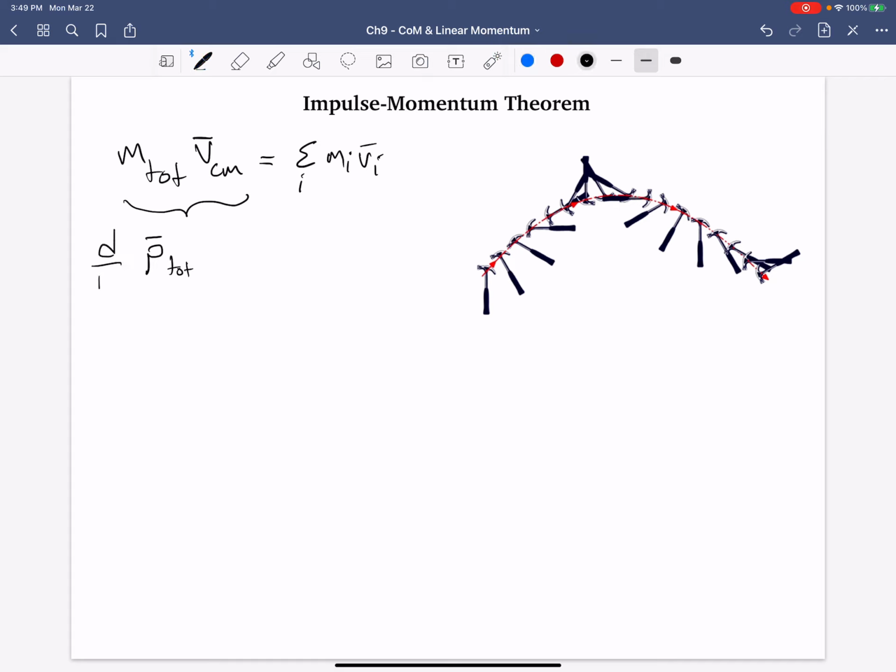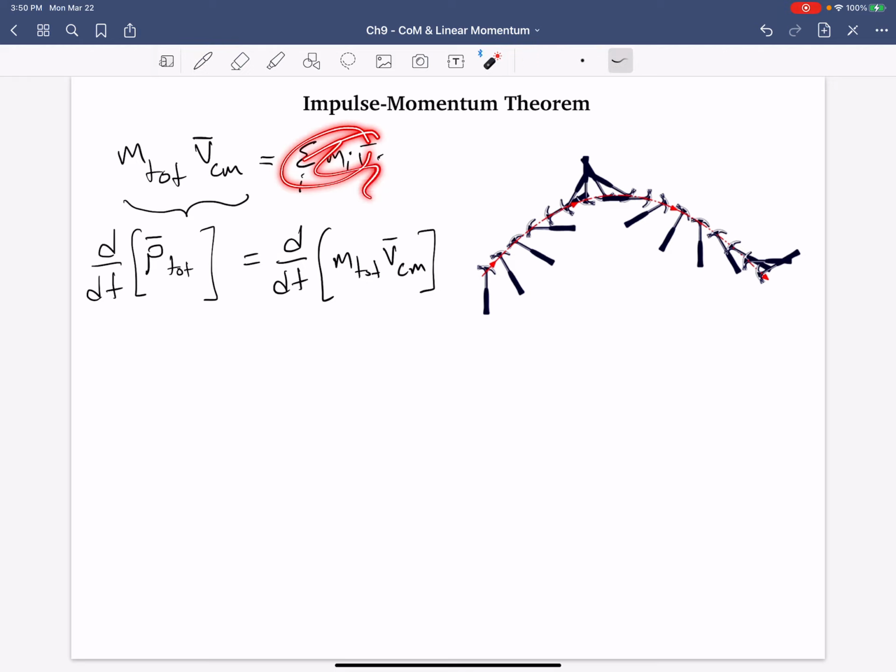We have d dt of this linear momentum, right? And so that means that we have a change in time, so a d dt, of that total mass and the velocity of the center of mass, right? So I'm kind of ignoring this right side for now, and I'm taking a look at just the left side here, okay?